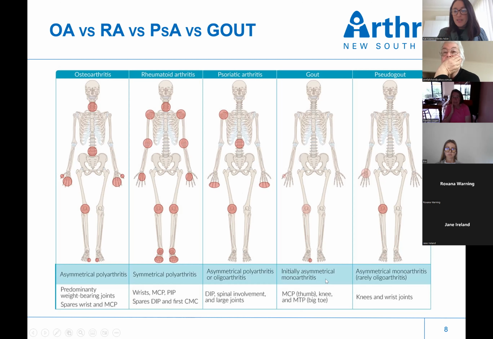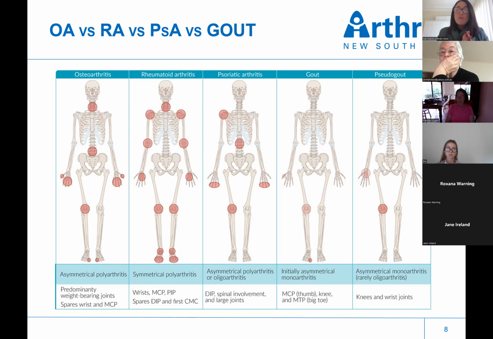Then we have gout and pseudo-gout. So a different form of arthritis altogether, based on a very acute inflammatory process due to the build-up of uric crystals, which often float down because of gravity and affect the big toe, essentially. But it can affect other joints as well. Often the big toe, and it's often asymmetrical.